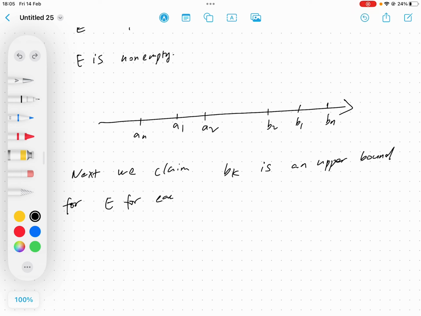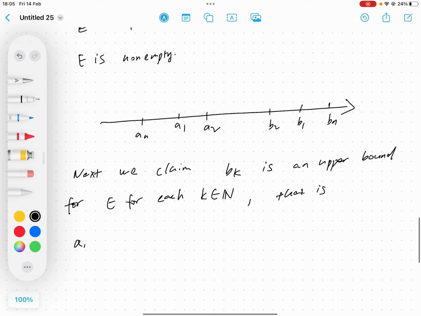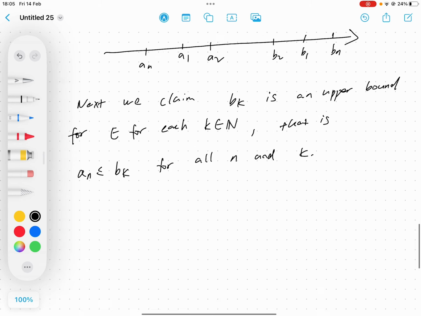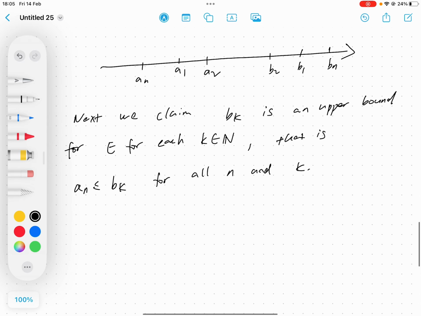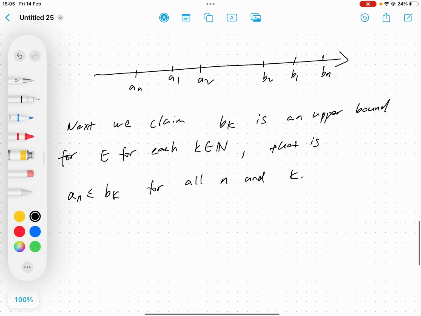That is, An is less than or equal to Bk for all n and k. All right. So if k is less than or equal to n, then we know that this An Bn is contained in Ak Bk.